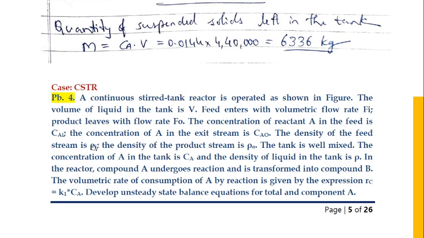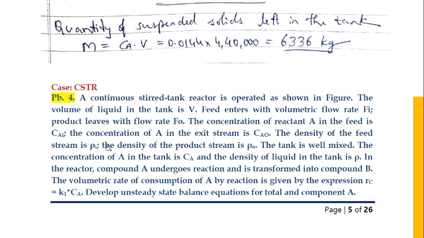When I say the stream, it includes any other chemical coming in, and it includes the solvent also. Whereas when I say CA, I mean the concentration of that particular chemical A in the incoming or exit stream. So we are referring to only the one chemical A.